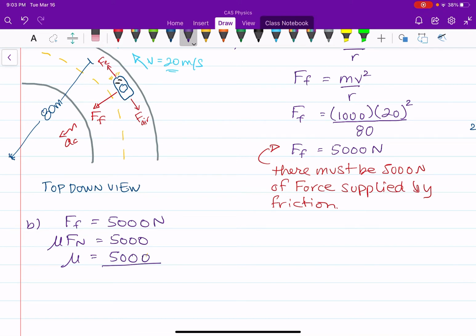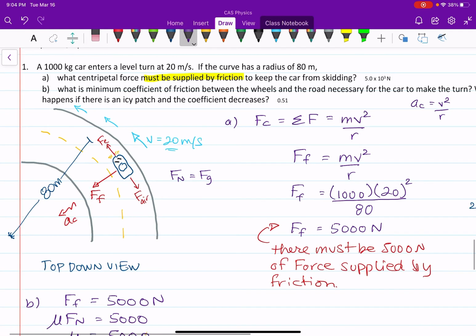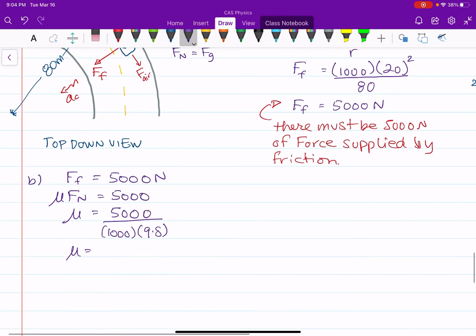Since this is a level turn, we know that F_n is equal to F_g. We can't draw it on this diagram because of the way it is, but we know that F_n is equal to F_g. So we're going to call this 1,000 times 9.8. And so when we do that, our mu works out to 0.51. And so those are the answers to these two questions.